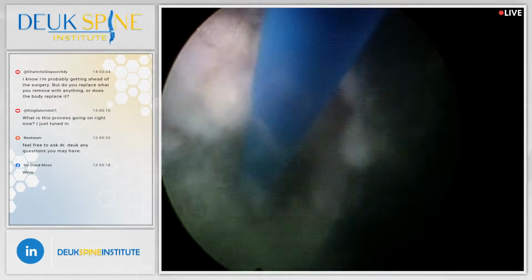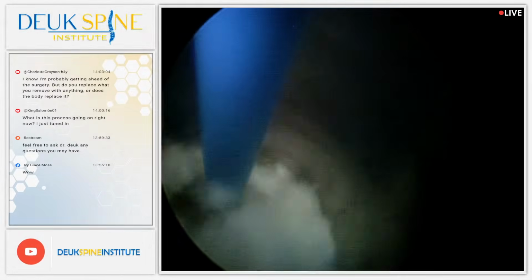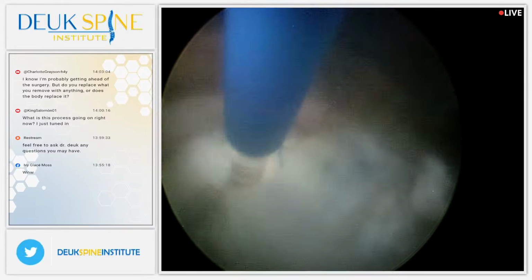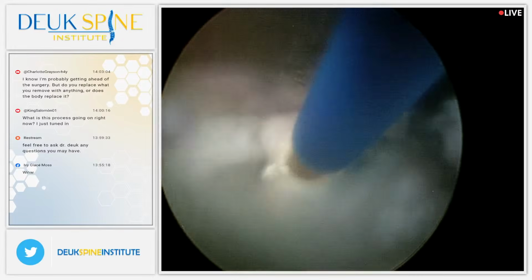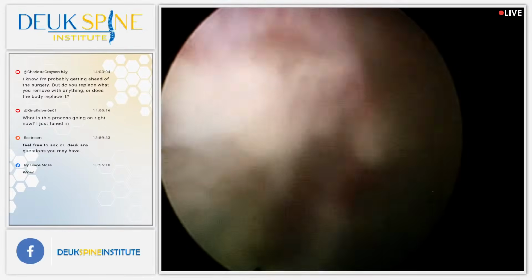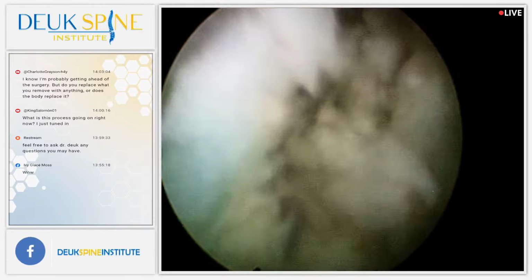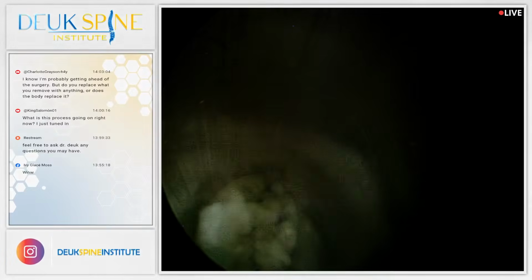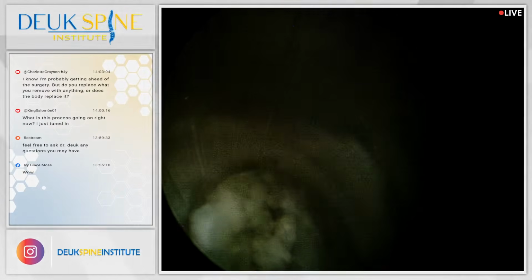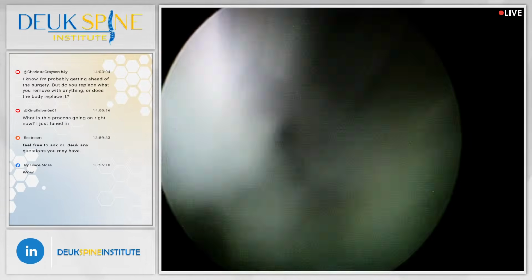And that tear is allowing the jelly inside to seep out and get stuck in the torn ligament. Once the jelly gets stuck in the torn ligament, her body does its best to try to clean it up through a process called inflammation. Okay? And we're going in here and cleaning out the inflammation. And we're cleaning out the herniation that causes the inflammation. So that's what we're doing.